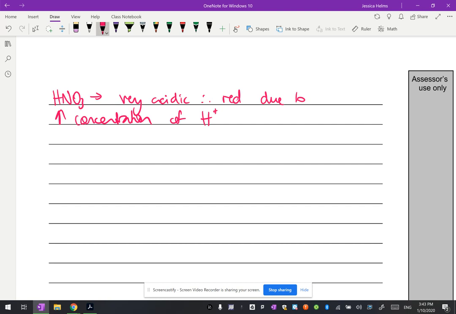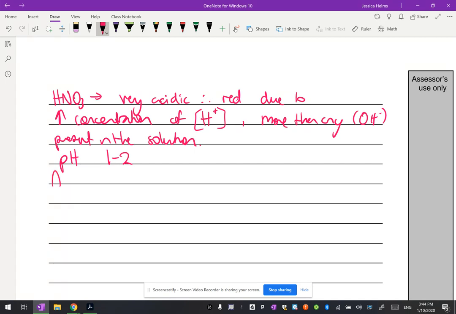If you have more of that hydrogen ion, it's going to be more acidic, and it's going to be red. And this is more than any hydroxide ion present in the solution. Okay, so the pH is going to be around 1 to 2.